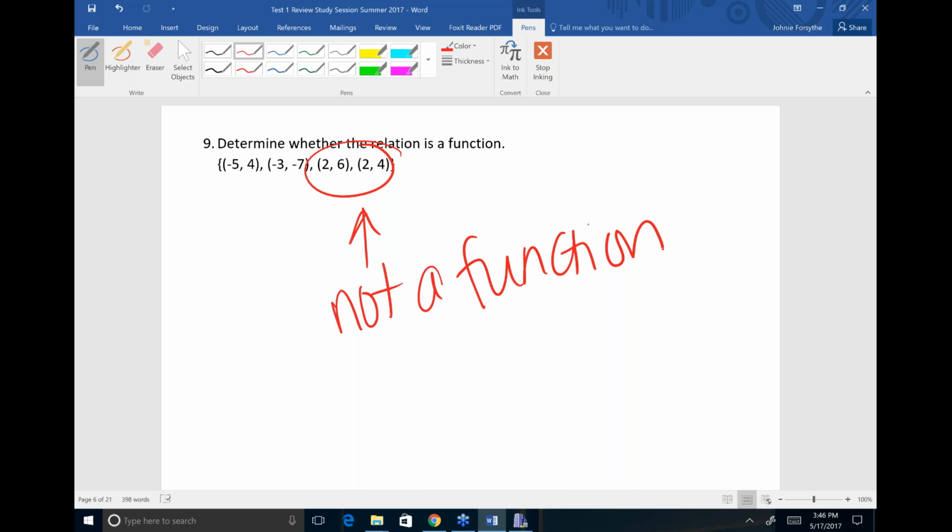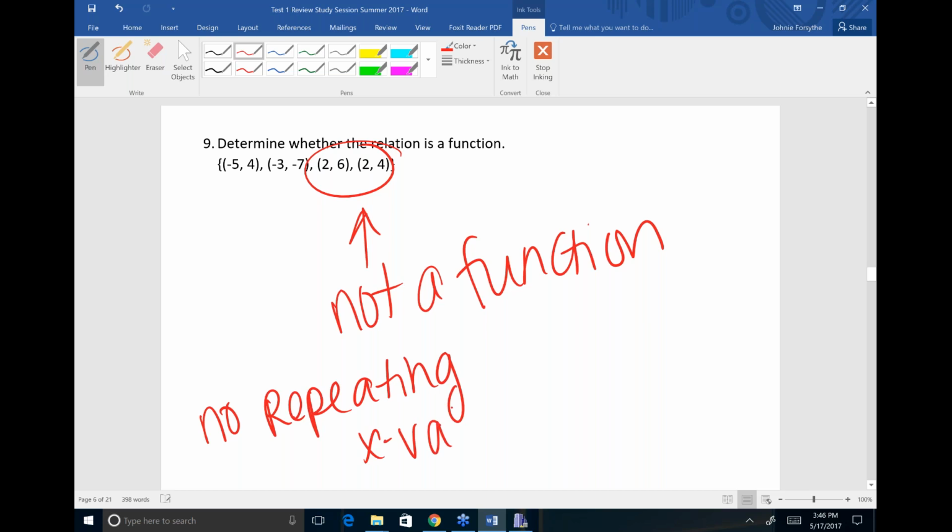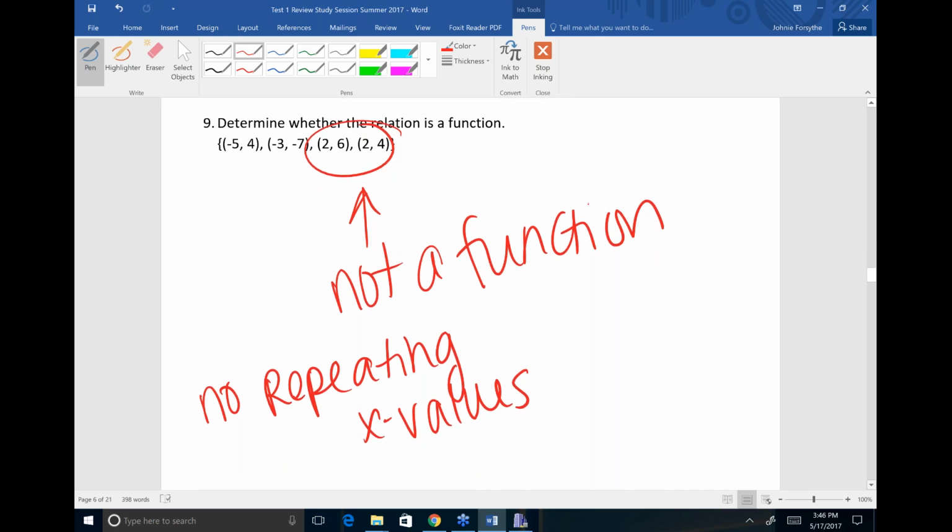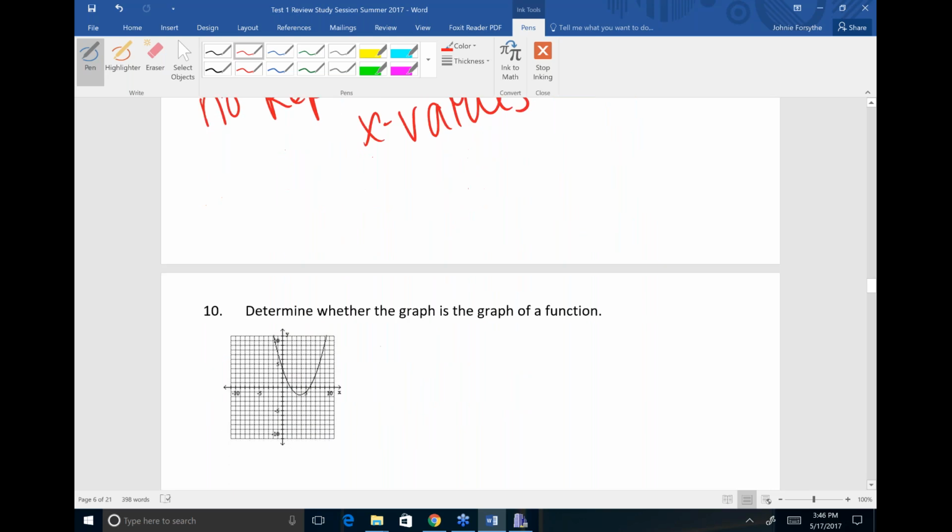So the shortcut way of doing this, we want no repeating x values. If this happens, then it's not a function. Okay? All right, that's how you can tell given a set of points.